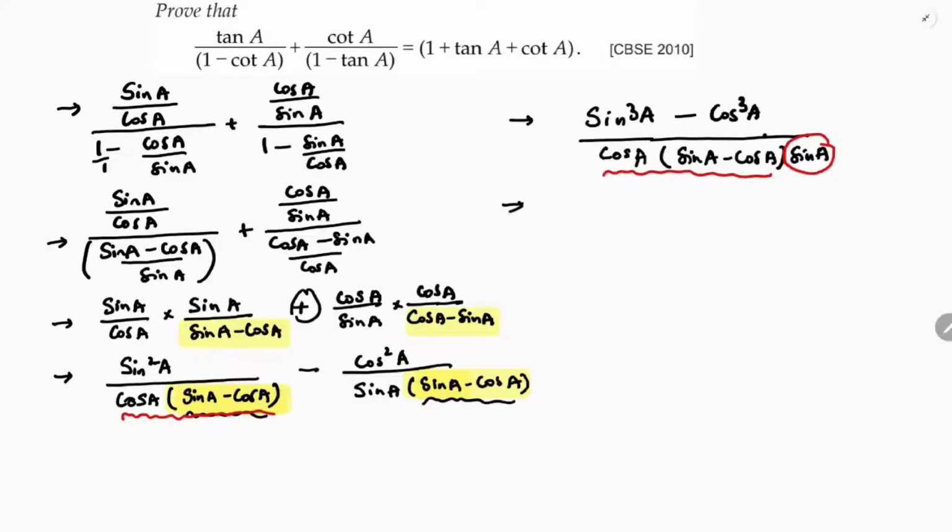So here I'll use the formula A cube minus B cube, which is nothing but A minus B into A square plus B square plus AB. I'll use this identity.